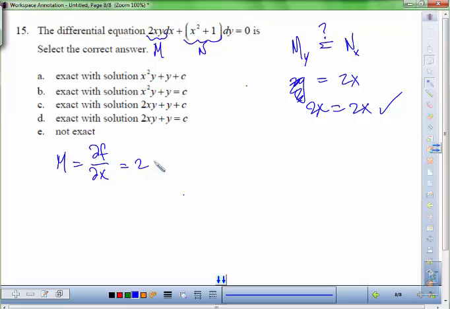And so 2xy is your M, and to try to recover our original function f, we need to take the integral of that with respect to x. So integrate 2xy with respect to x and get x squared y.